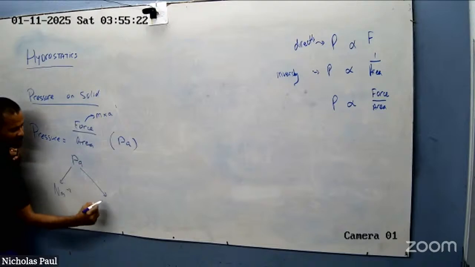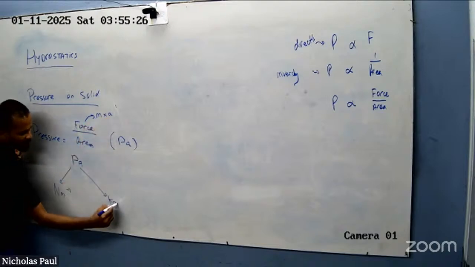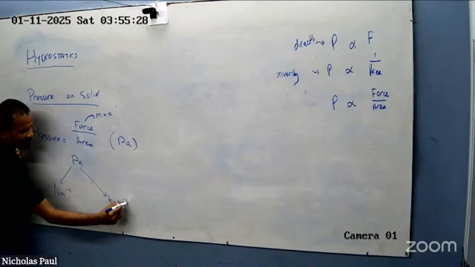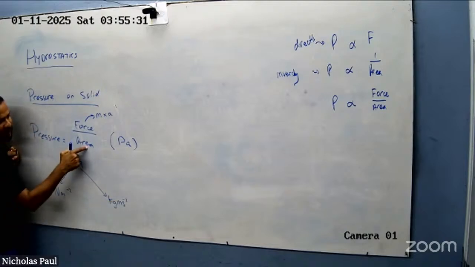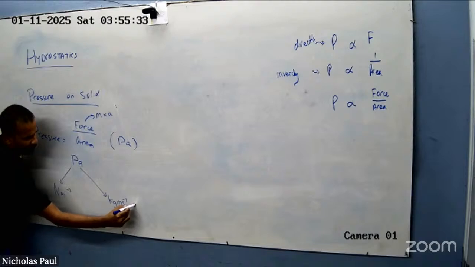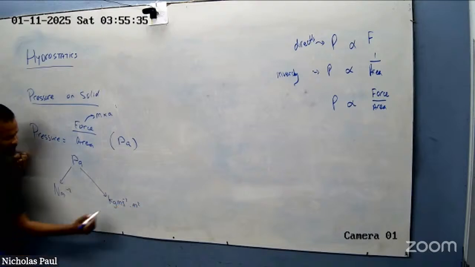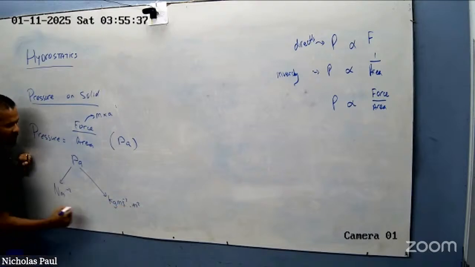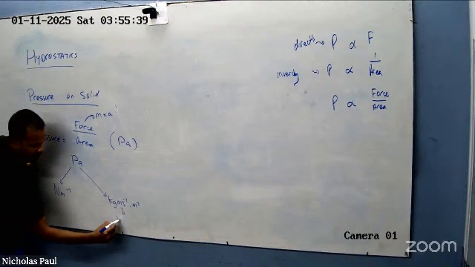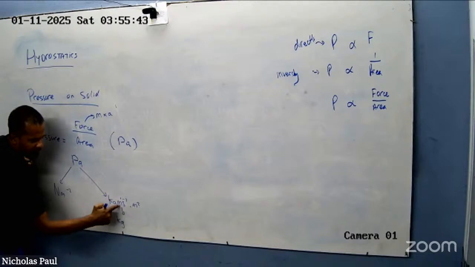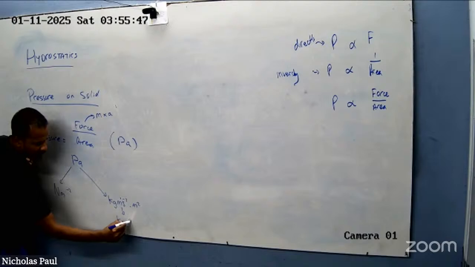Mass is in what? Kilograms. Acceleration is in meters per second squared, and then you divide it by area. Sorry about that. And then this will simplify to kg. Same base, add the powers, 1 plus minus 2, minus 1.